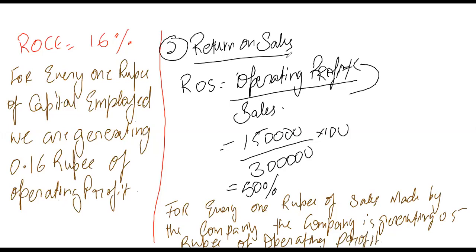So up till now, this is quite prominent from the company's operation, that for every 1 rupee of capital employed, we are generating 16% of the operating profit, and for every 1 rupee of sales that we do, we are generating 50% of the operating profit.